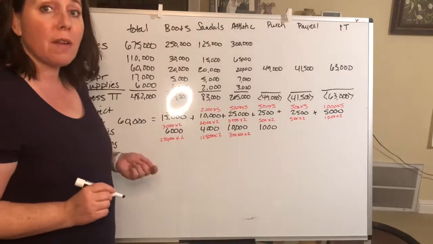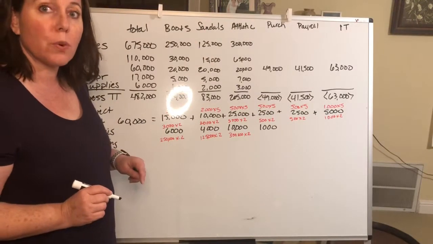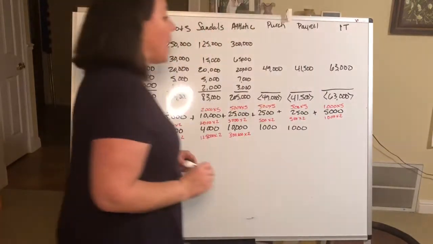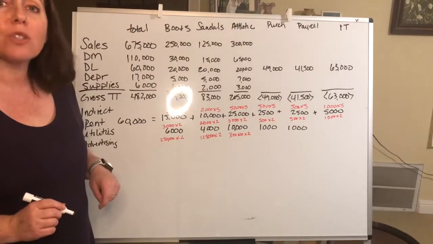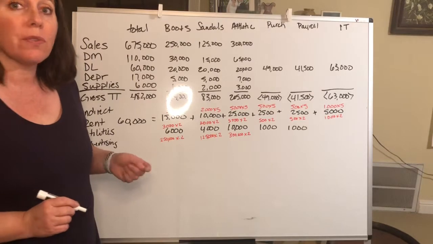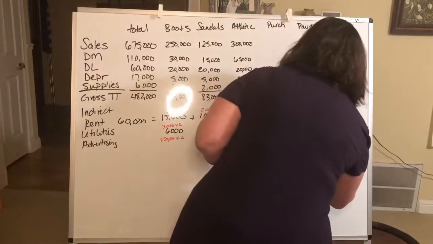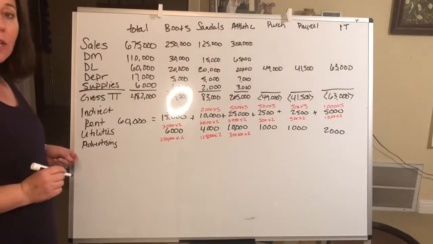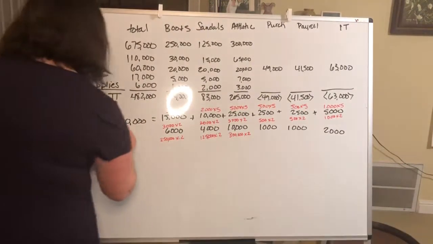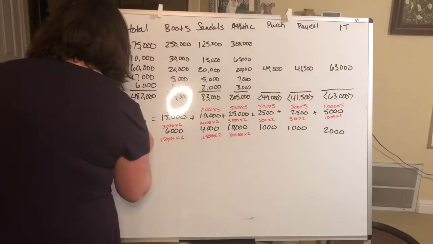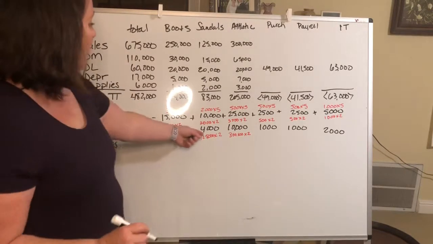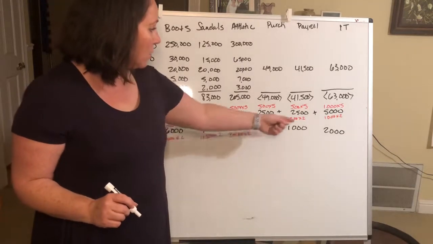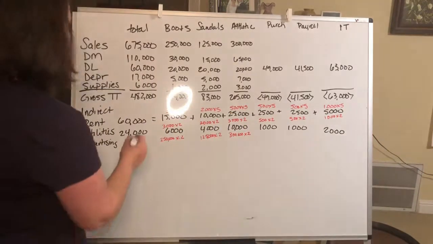Payroll used 500 square feet at $2 a square foot, or $1,000. And IT used 1,000 square feet at $2 a square foot, or $2,000. All of our allocated costs should equal our total cost of $24,000. 6,000 plus 4,000 is 10,000, 20,000, 24,000. So we equal.